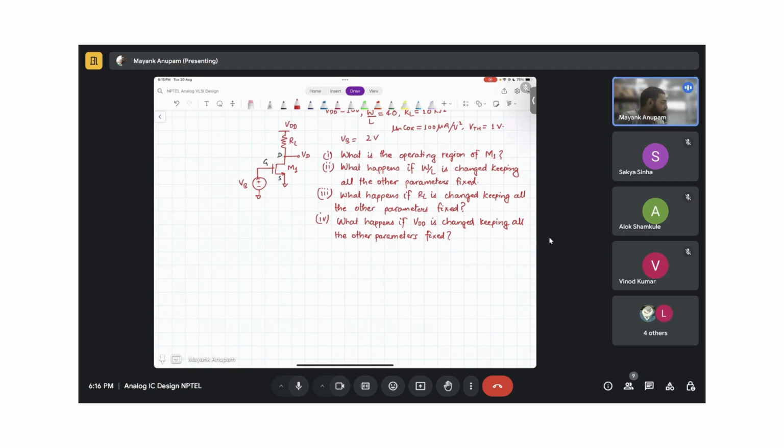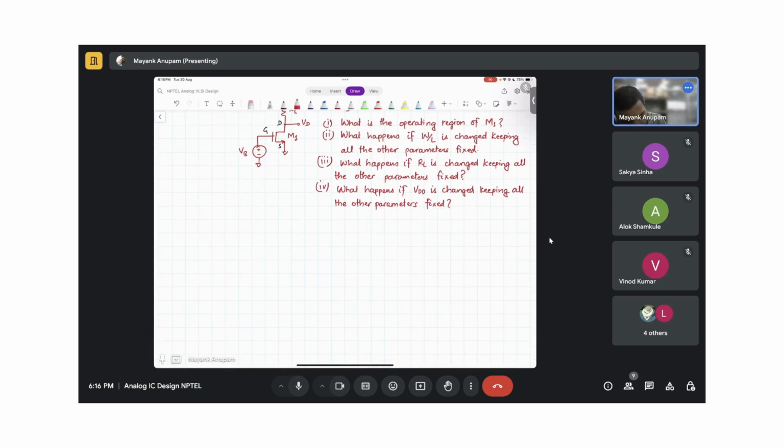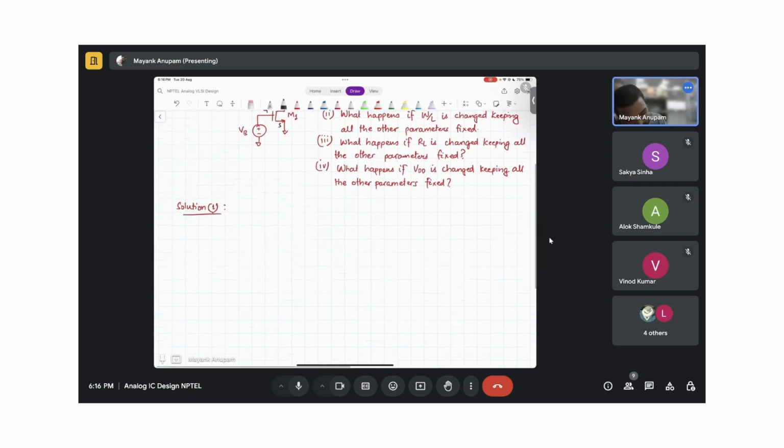So we will first assume something. Let's assume that it is in saturation. Solution number one: first assume that M1 is in saturation.